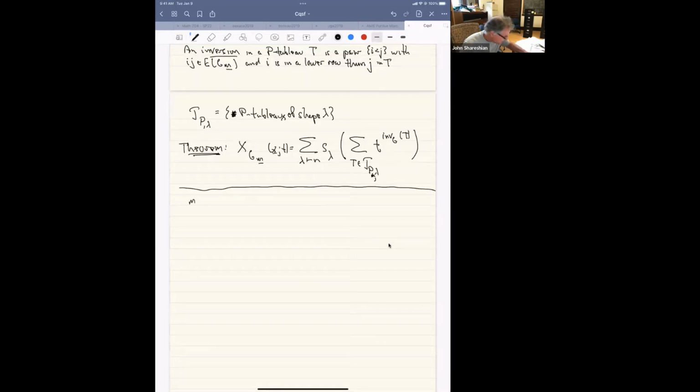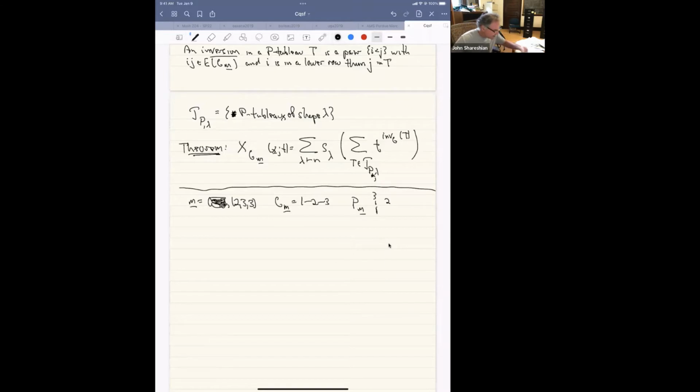Let's take M to be 2, 3, 3, sorry. Then this graph looks like this, and the poset looks like this. 1 lives below 3, and 2 is not related to anything. Now we need all the p-tableau.